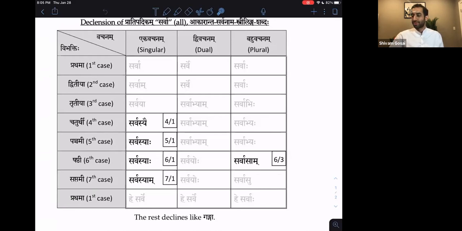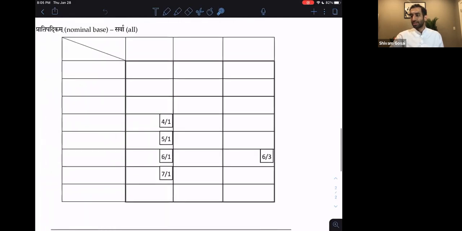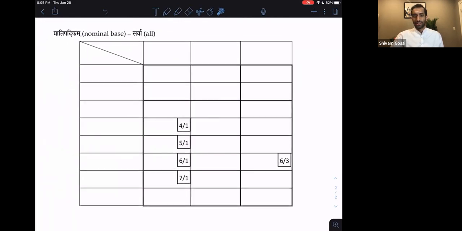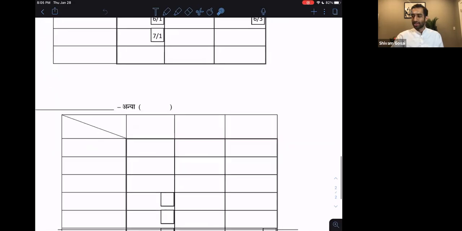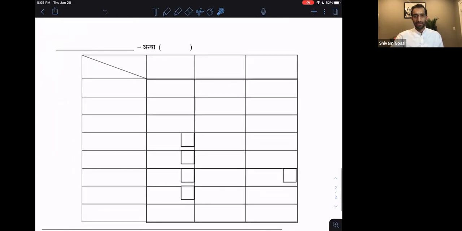So the homework for today's class is in the workbook. There's Sarvā, so you can fill out the declension for Sarvā. And there's Anya. If you feel comfortable with those, you could cross out Anya and write one of the other Pratipadikas, since we did both of them.